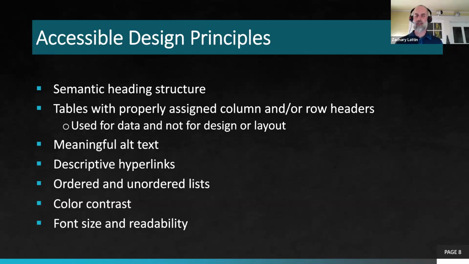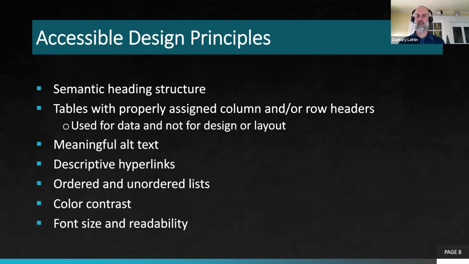And then, of course, we want to make sure that we have list structure. If you have a list of something, you want to semantically tell whatever system you're building that it's either an ordered or an unordered list. And I can demonstrate why that is. We might see that in some demos. And then we want to make sure that things have good color contrast, 4.5:1.